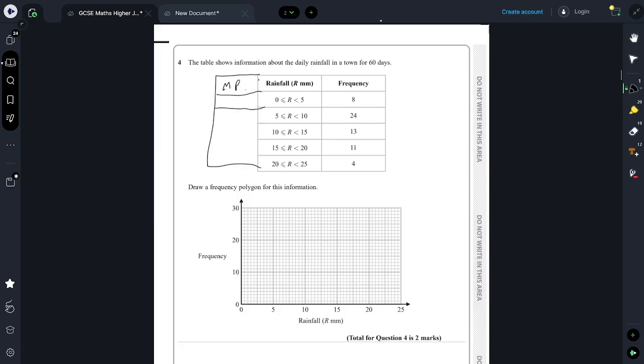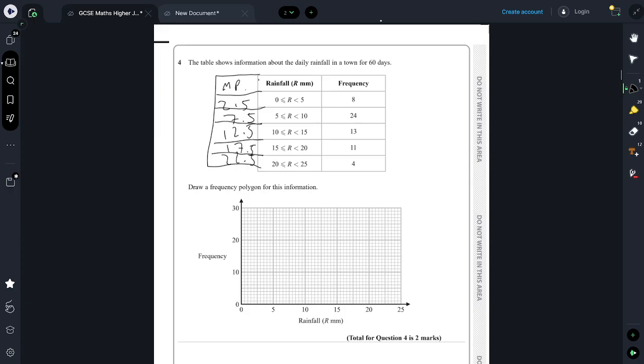Just write down the midpoint of all the groups. That's going to be 2.5. What's between 0 and 5? 5 and 10 is 7.5. 10 and 15, 12.5. 15 to 20, 17.5. And 22.5. So now we're plotting the midpoint against the frequency.